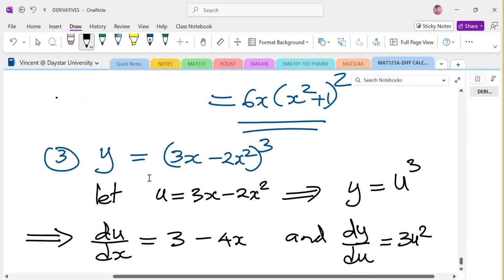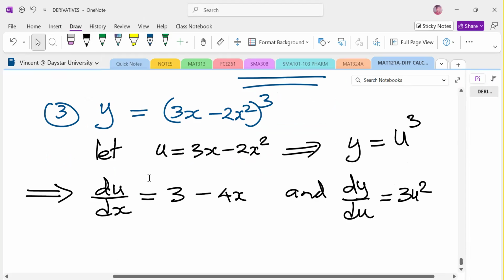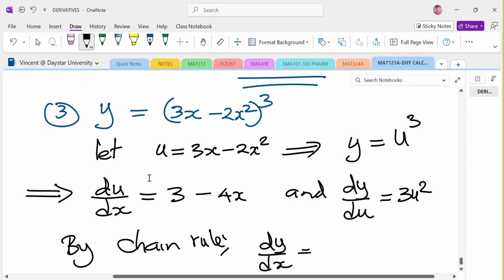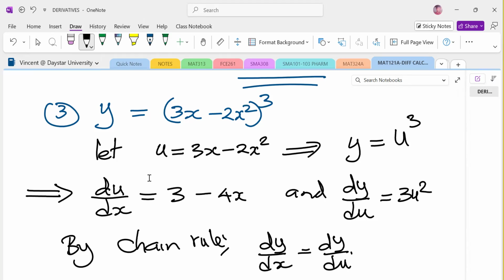So then by chain rule, dy dx is given by dy du times du dx.